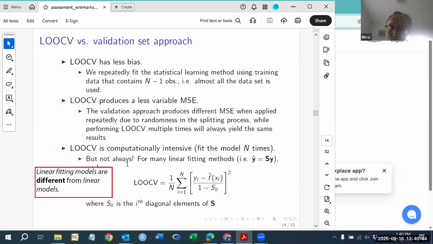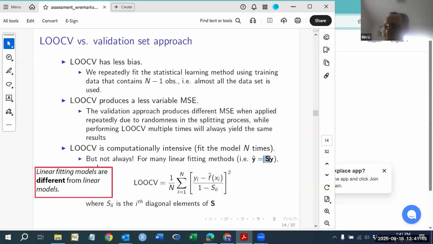Okay. So for some models, what do I mean for some models? If the model is a linear fitting model, okay, be careful. Linear fitting model is not just a linear model. A linear fitting model is a model for which the fitted values y hat can be represented as a projection matrix S times y.